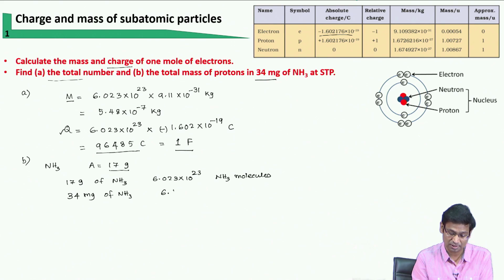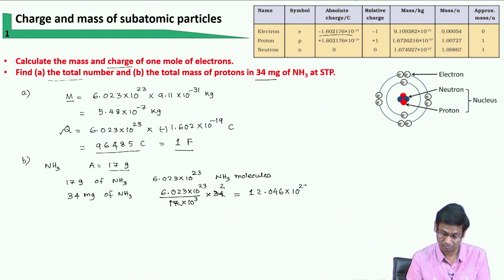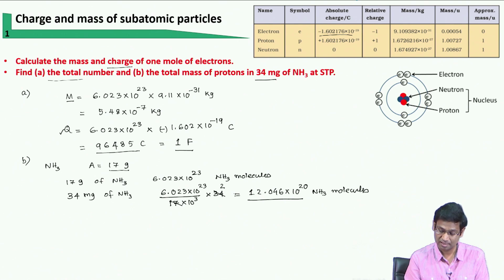To get this, you will see 6.023 × 10^23 divided by 17, which is per gram, so I am expressing it in terms of milligram, and in 34 milligrams we will have this many ammonia molecules, and if you solve it, it should turn out to be this many ammonia molecules present in 34 milligrams of ammonia.